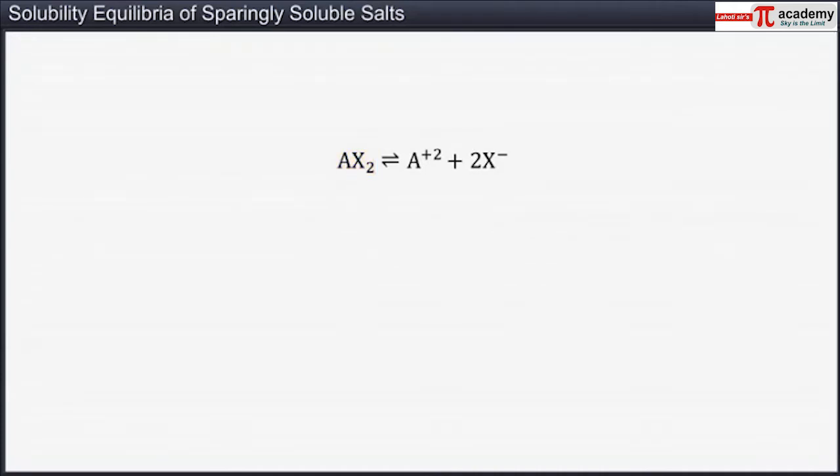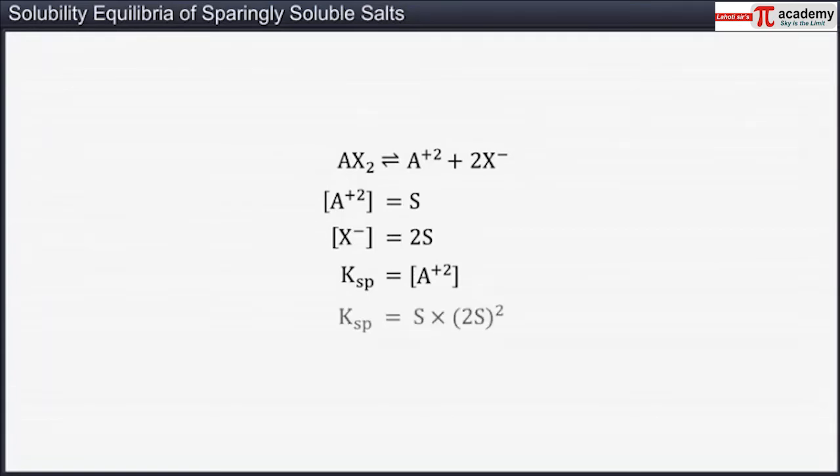The equilibrium reaction for this dissociation may be represented as AX2 in equilibrium with A plus 2 and 2X minus. The solubility product, Ksp, for the salt AX2 can be written as Ksp is equal to the product of the concentration of A plus 2 and X minus raised to the power of 2.